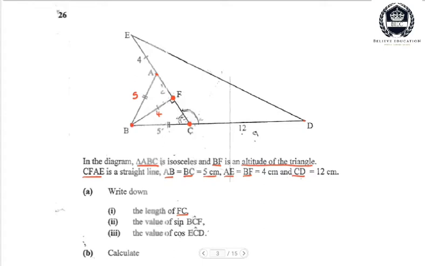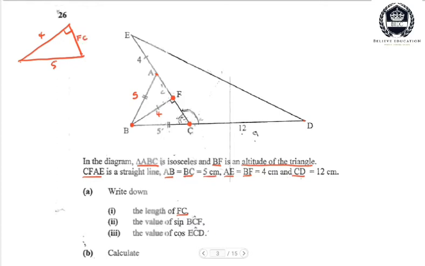So I will try to isolate that one. So this might be something like this, and then I have 4 here, then I have 5 here, then here I have FC.